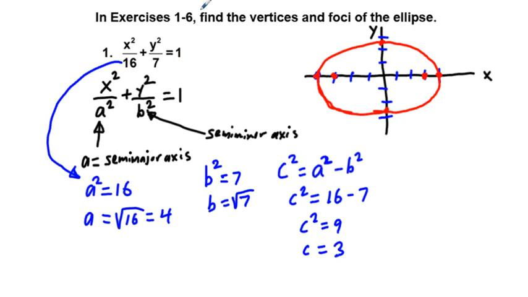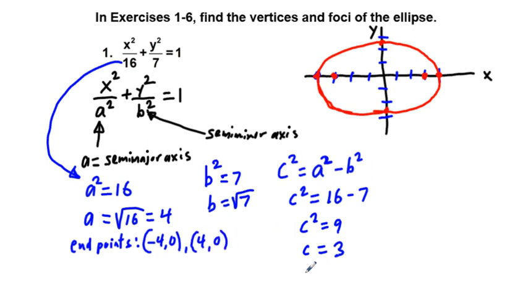Let's put the coordinates first for the endpoints of the ellipse. The endpoints are going to be the coordinate pairs (-4, 0) and also (4, 0).